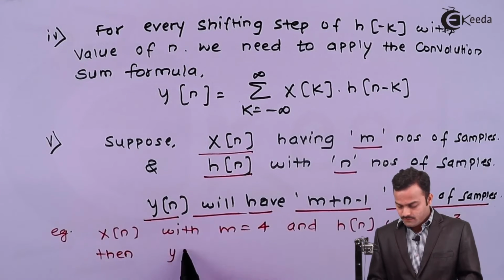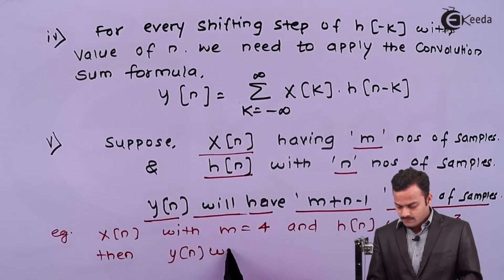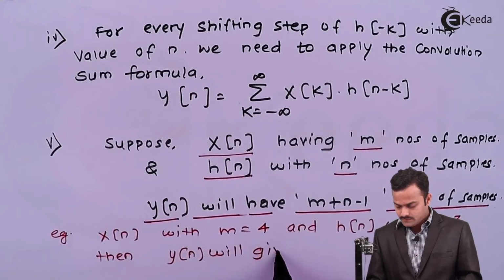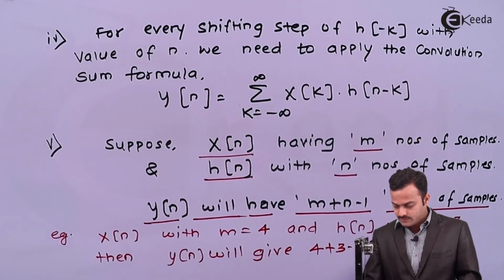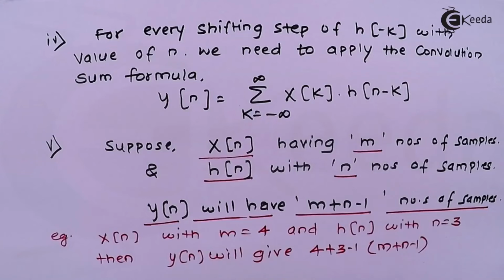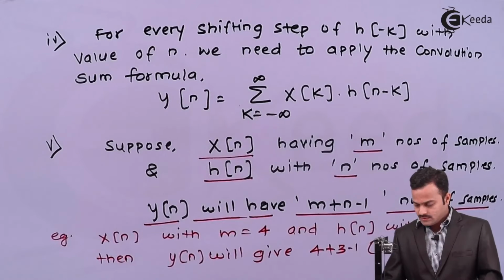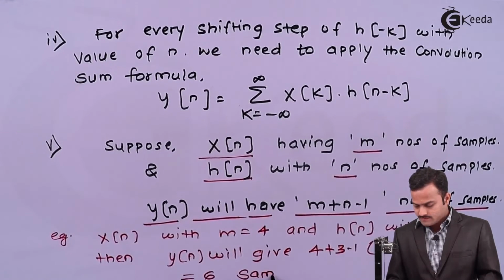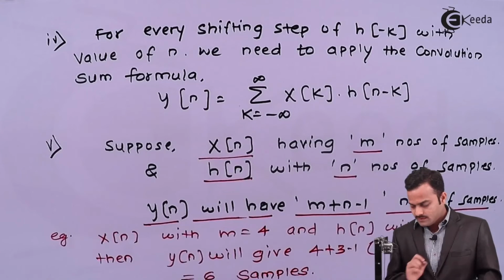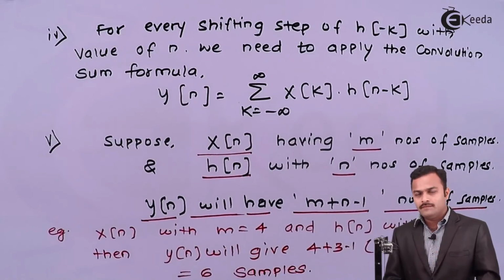Then y of n will have 4 plus 3 minus 1, which is nothing but m plus n minus 1, that is, 6 samples. So for every problem we can check whether the answer that we are getting has the same number of samples or not.